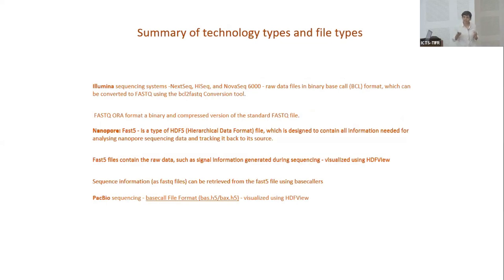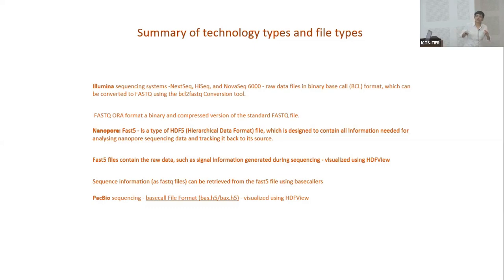The summary of technology is basically Illumina, which I've already told you about. These have raw data in BCL format, which can be converted to FASTQ using a tool called the BCL2FASTQ conversion tool. Nanopore has a FAST5 format, which is the raw file format for it, and it contains the signal information generated during sequencing.